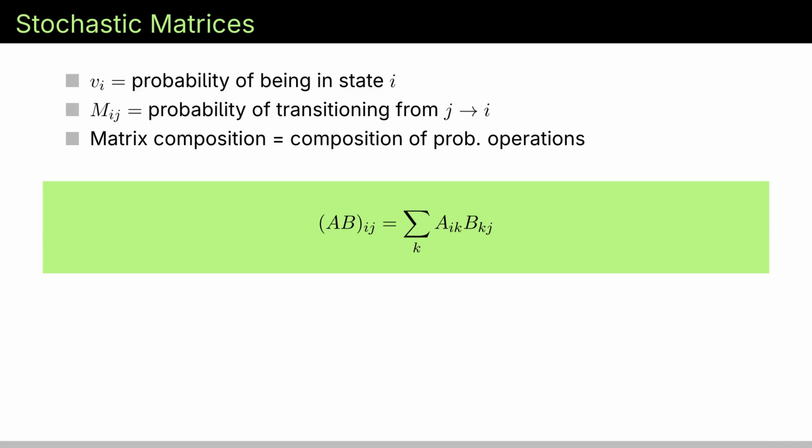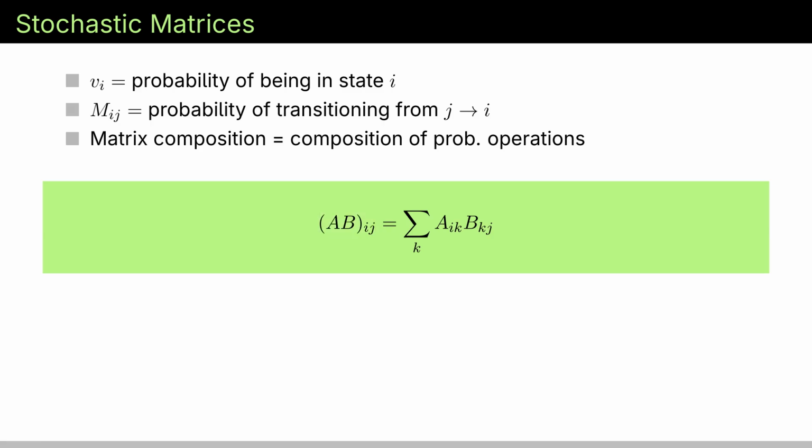So the composition AB, remember that matrices are applied like functions, so matrix composition is also just like function composition from right to left. So the composition AB represents doing B first and then A. And looking at the matrix multiplication formula, we have that the probability of AB taking us from state j to state i is given by the following summation.